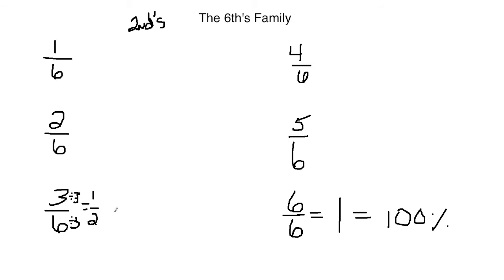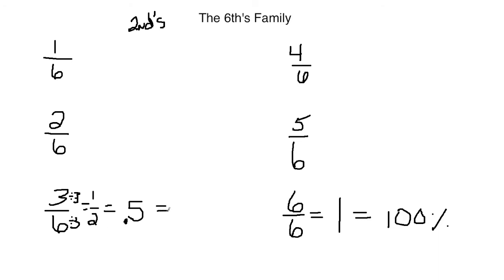And there's your half, which we know 2 cannot go into 1, so we add a 0, and 2 goes into 10 5 times, and since it's a proper fraction or a common fraction, we know that the decimal goes in front. So it's 5/10.